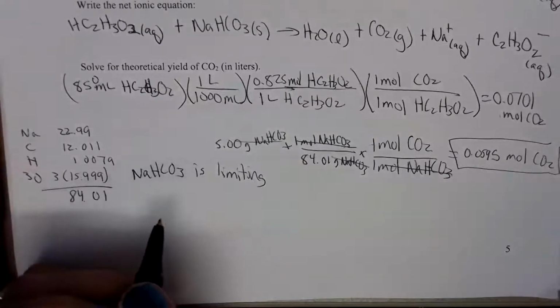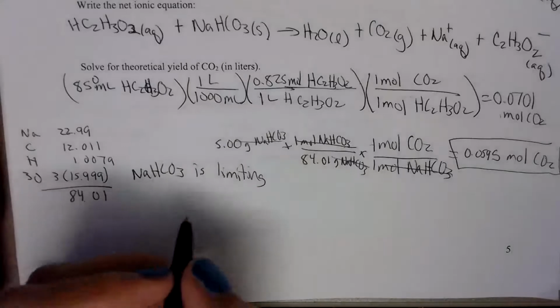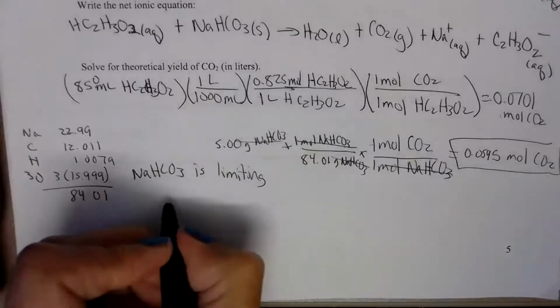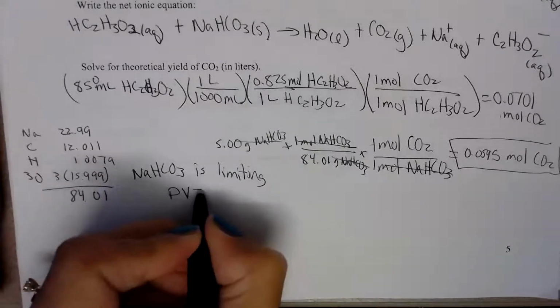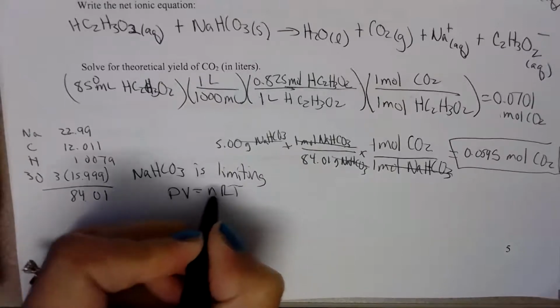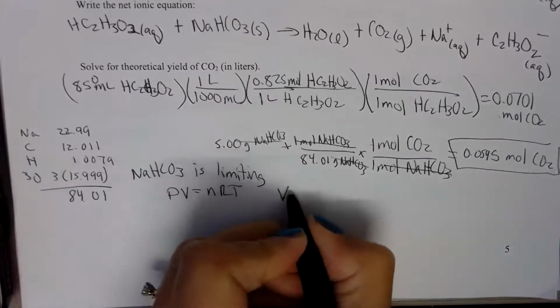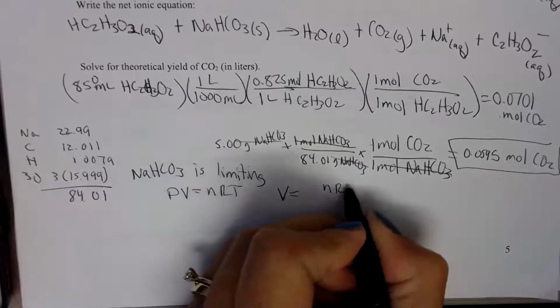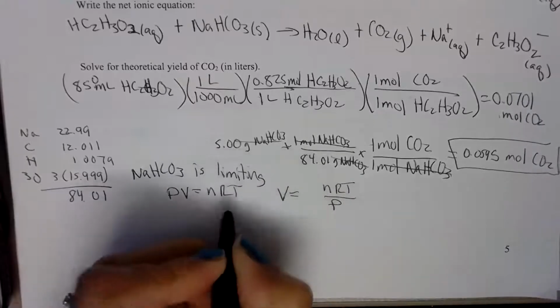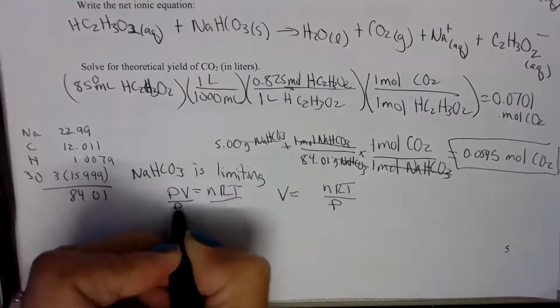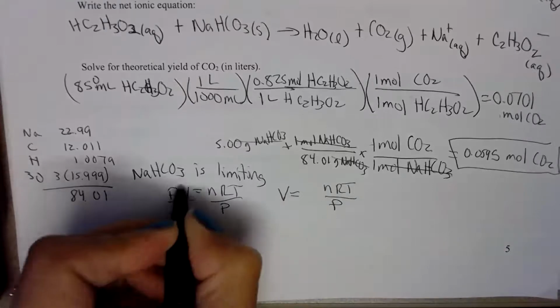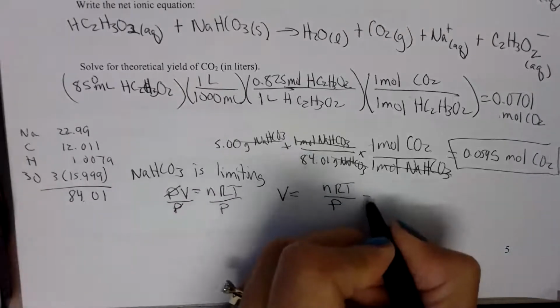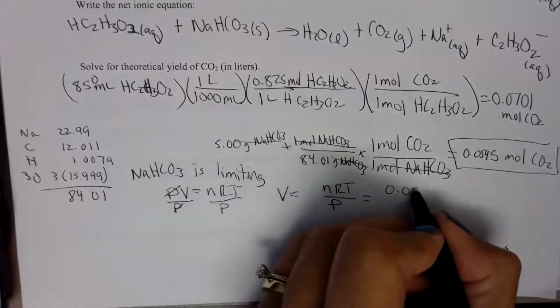So how big of a volume is that going to be? Notice we have moles. We want to get volume. So if we look at PV equals nRT and rearrange for volume, V equals nRT over P, right? We just divided both sides by P. We have our answer for moles from the last problem.